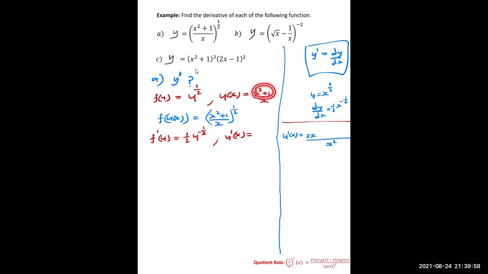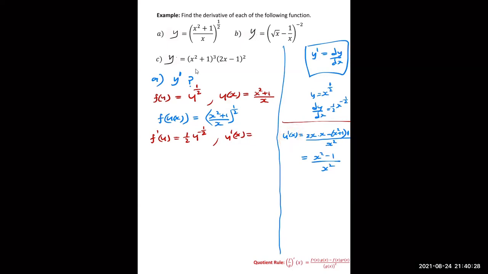The derivative of this top function is 2x times g of x. g of x is just x, minus, and then you leave the top function fixed, your f of x, and take the derivative of g of x, which is 1, because the derivative of x is 1. This will give you x squared minus 1 divided by x squared. That is the derivative of u, or u prime of x.